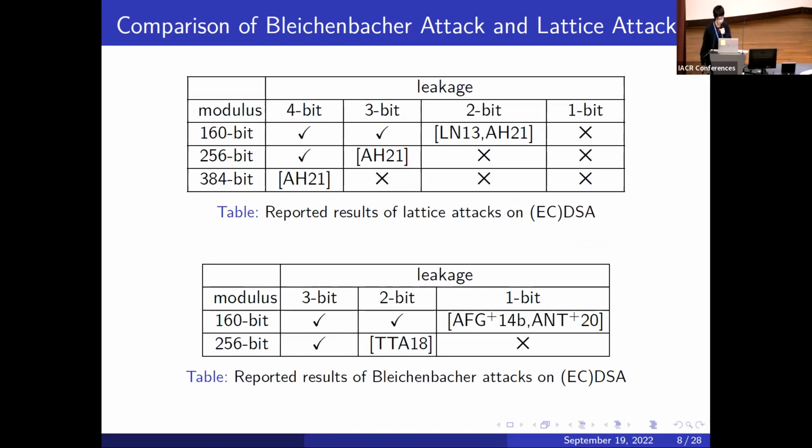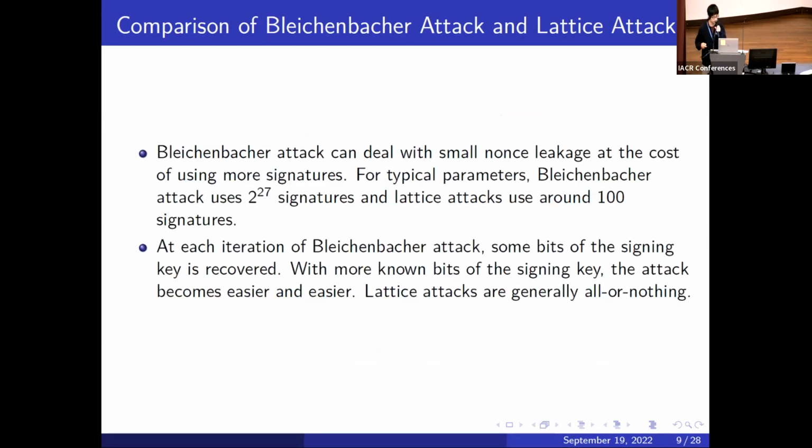By comparison, the Bleichenbacher attacks can deal with a bit smaller nonce leakage. For example, it can deal with a 160-bit modulus with 1 bit of nonce leakage and a 256-bit modulus with 2 bits of nonce leakage. Here is a comparison of the Bleichenbacher attack and the lattice attacks.